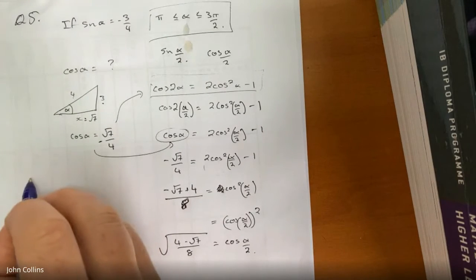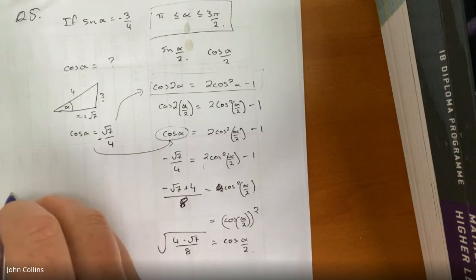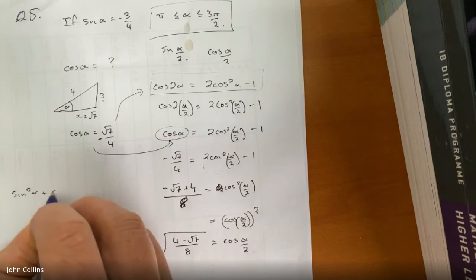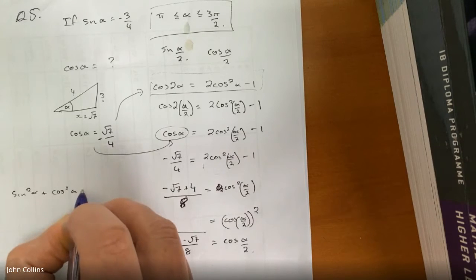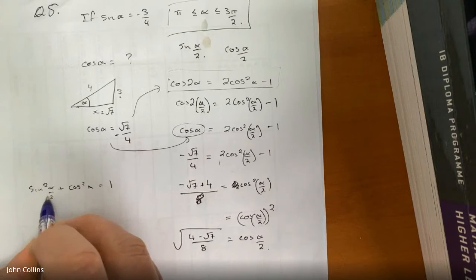So I'm going to try to find what sine alpha over 2 is. I'm going to use the identity sine squared alpha plus cos squared alpha equals 1, but of course the angle is alpha over 2.